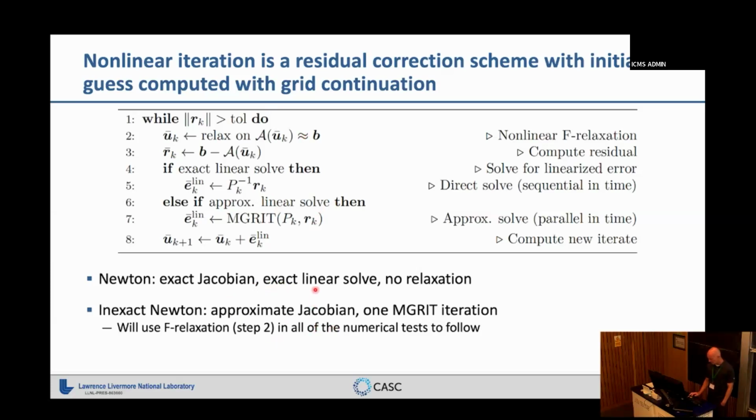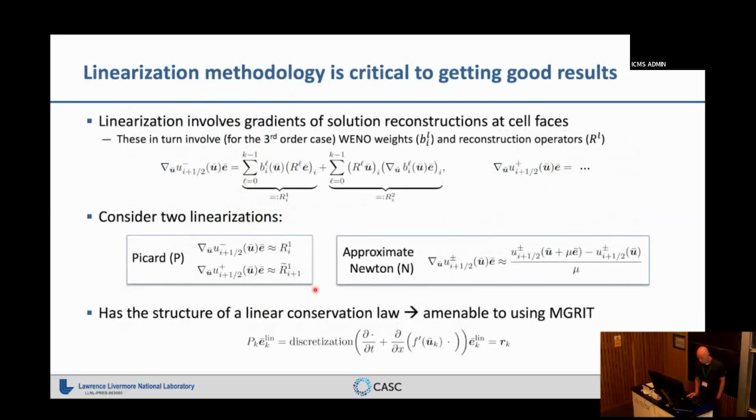All right, so constructing this P, it's important to do it in the right way. And so here's showing a couple of things we do in the 3rd order case with the WENO scheme. In WENO, you have these solution reconstructions that have to happen at the cell boundaries, say cell i plus a half, from both the left and the right.